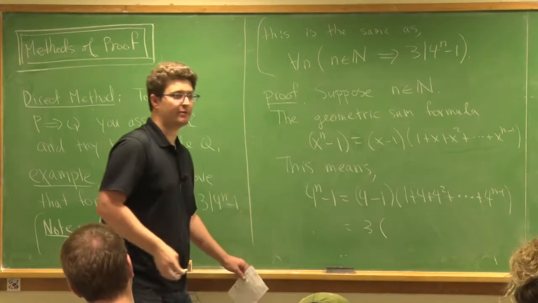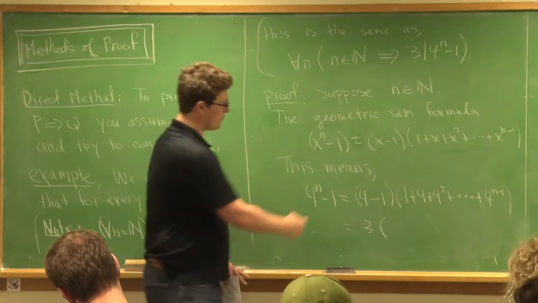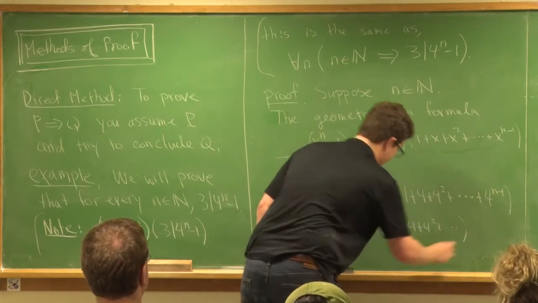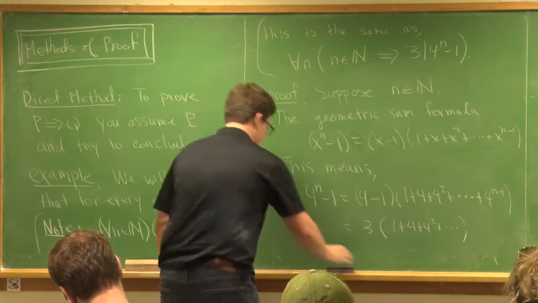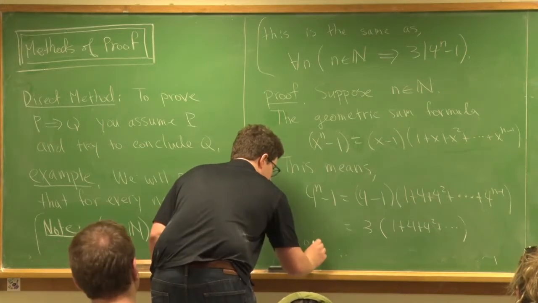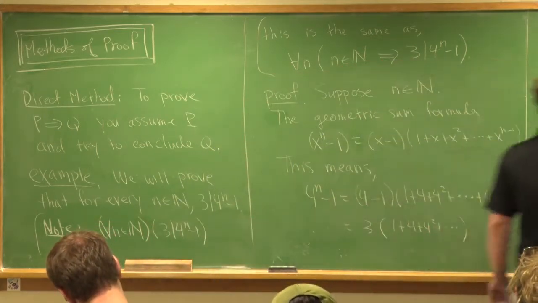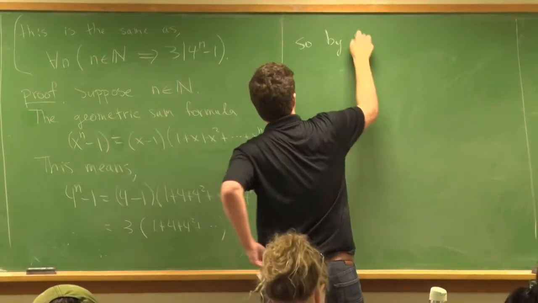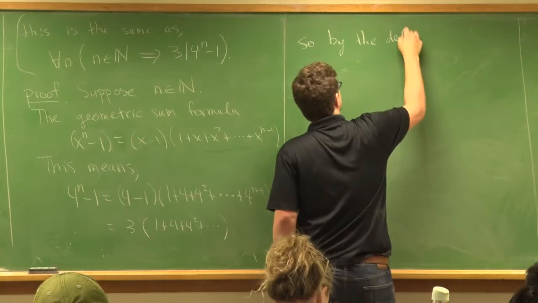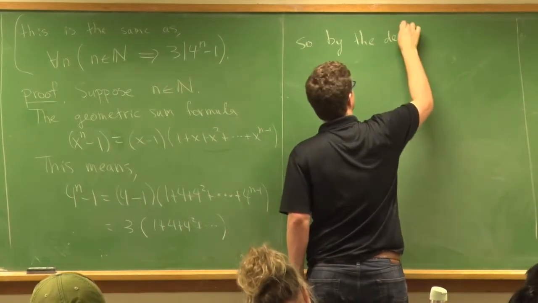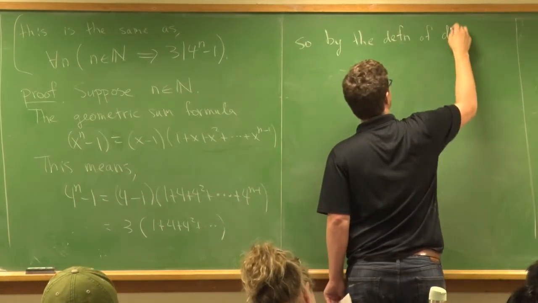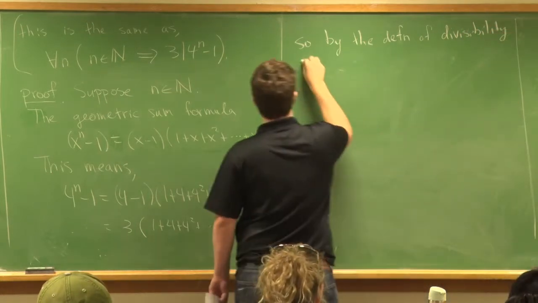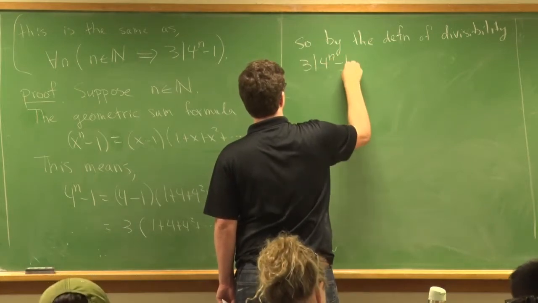It doesn't really matter what it is, but 4 minus 1 is 3 times 1 plus 4 plus 4 squared, etc. So by the definition of divisibility, 3 divides 4 to the n minus 1.